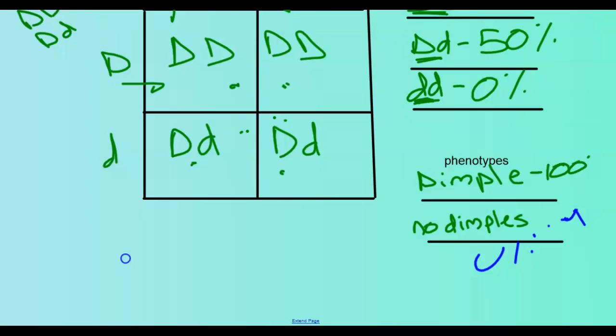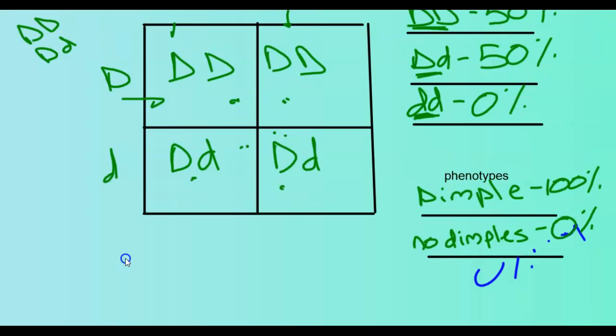So that means it's a 100% chance everyone's getting dimples. No chance, no probability at all of them not having dimples. So now you can answer questions about, well, what's the chance of someone having dimples in this family? 100%, all of them could have dimples or will have dimples.